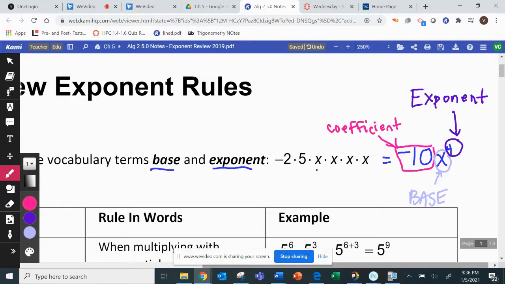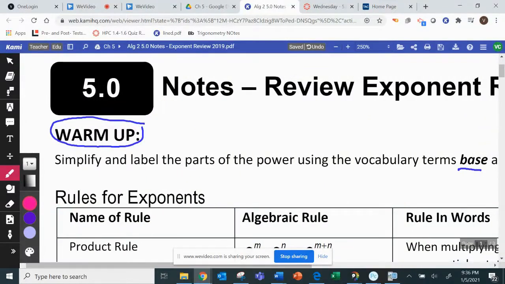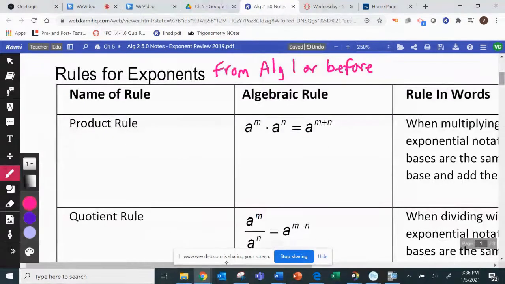Now, you had exponent rules from Algebra 1 or even prior to Algebra 1. And we have to be really good at practicing these because we're going to apply them to harder stuff coming up soon. So the first is called the product rule.